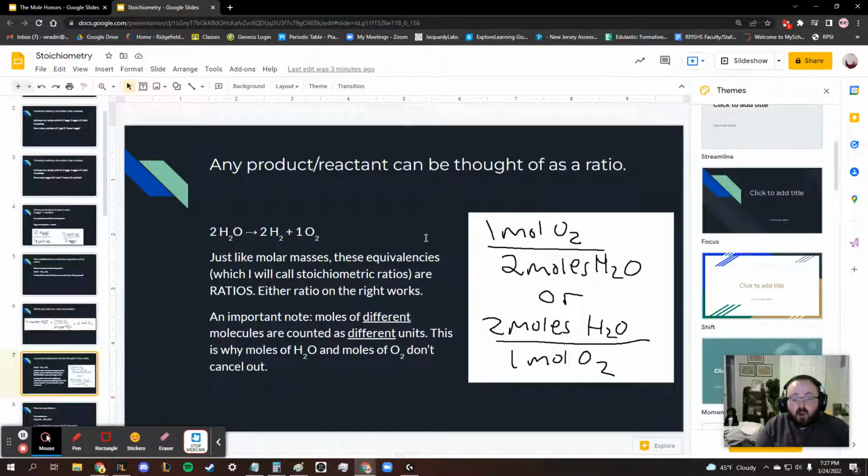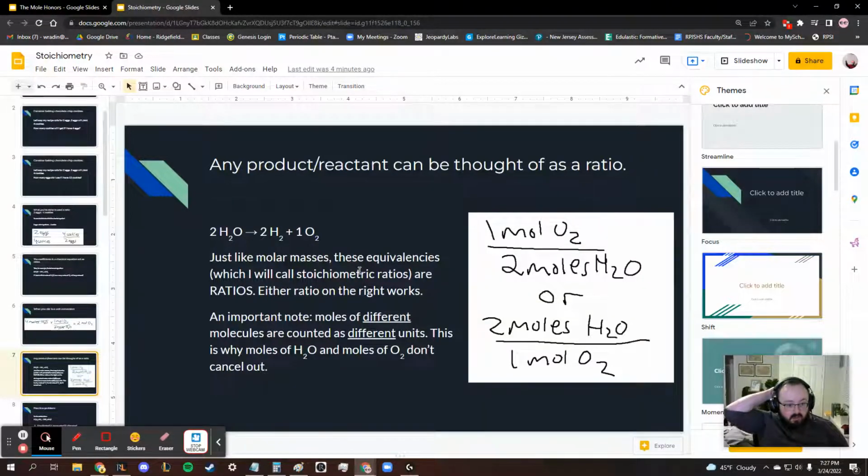The coefficients of the chemical equation are what give you this ratio. So this is why we've been balancing, finding these coefficients. This whole chapter flows just like water. Very apt metaphor, I know.